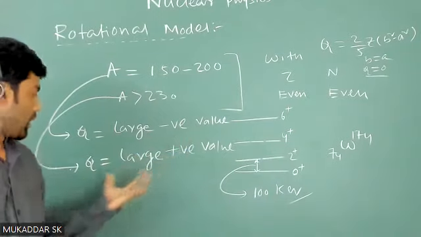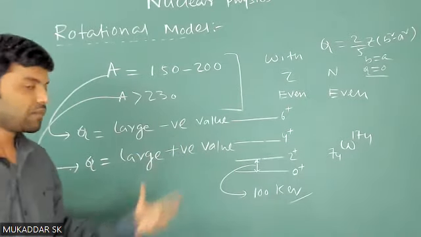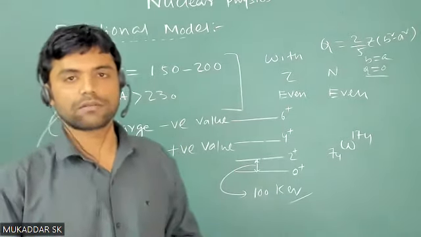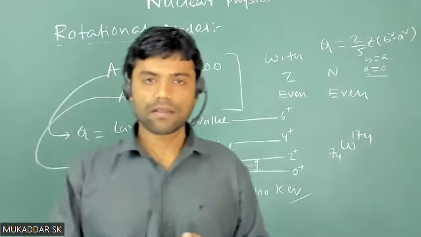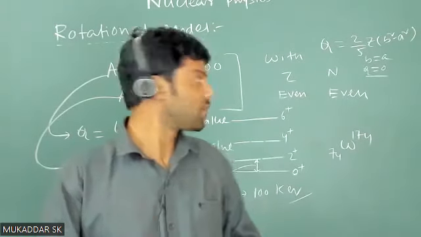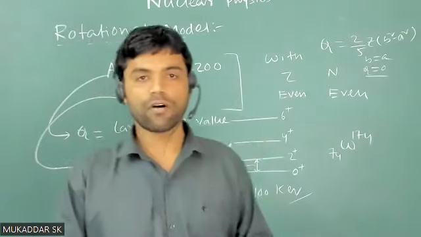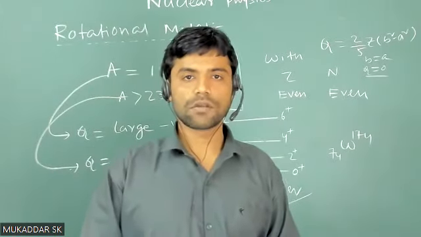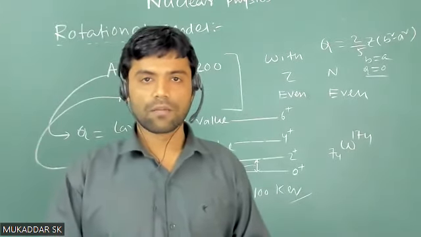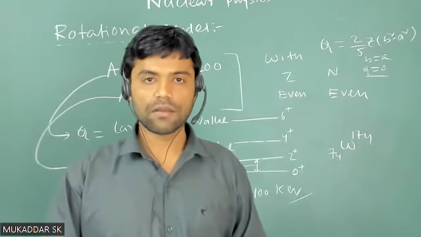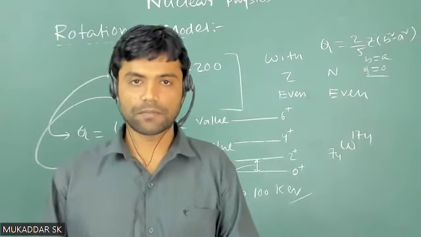And a large positive quadrupole moment means the shape is not spherical but prolate. What I can say from this discussion is that such nuclei have a deformed shape. It's not perfectly a sphere, but has some deformed shape.